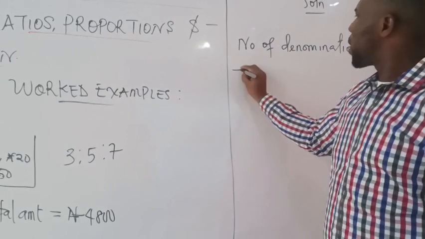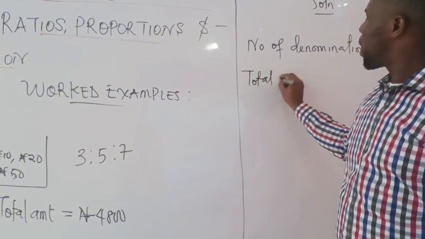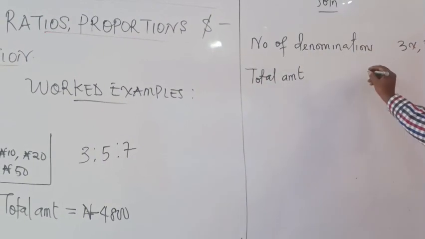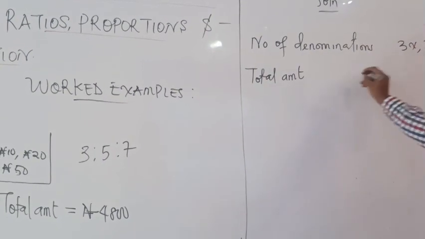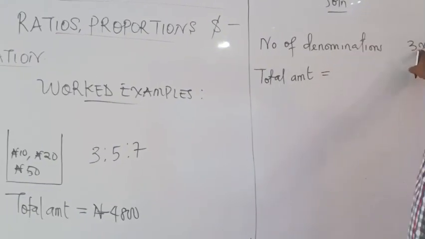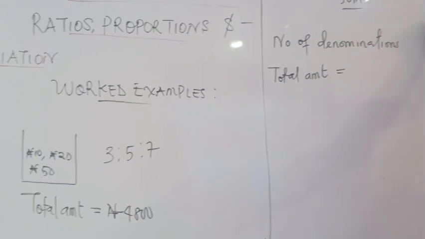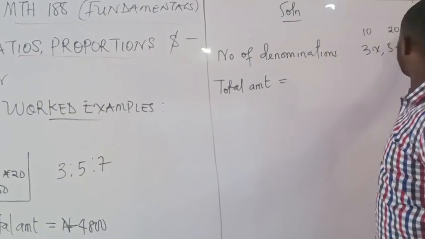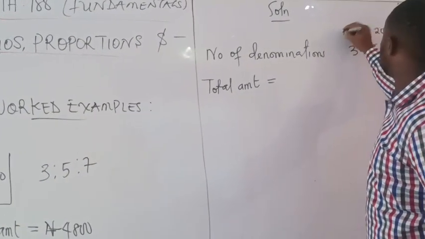Now the total or actual amount in the bag would be equal to this term. This is for the 10 naira, this is for the 20 naira, and this is for the 15 naira notes in the bag.